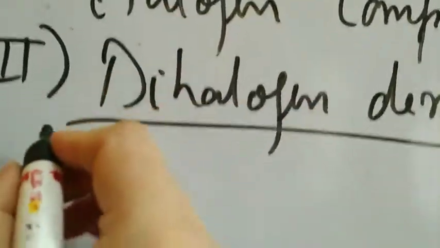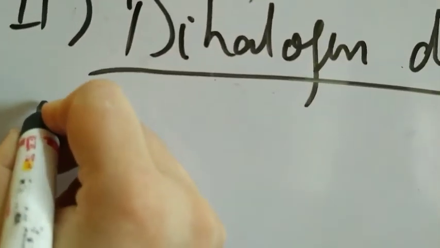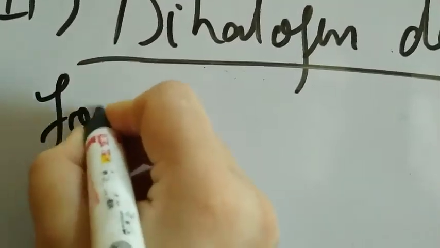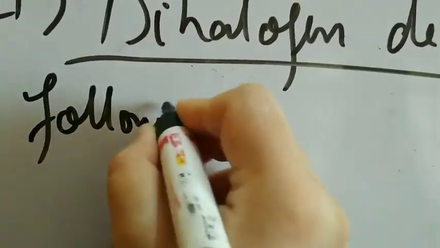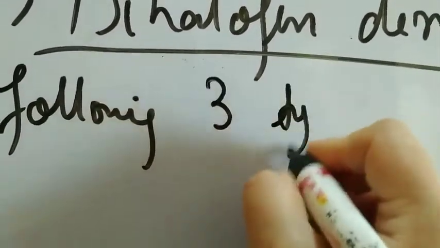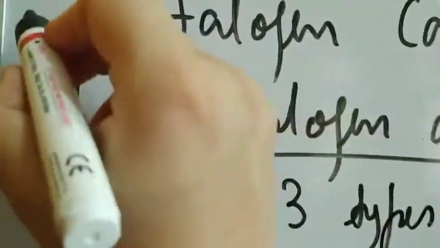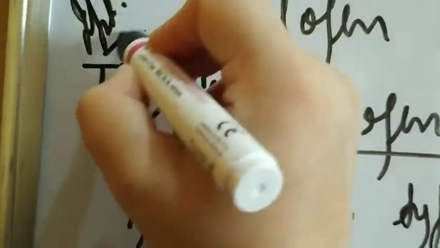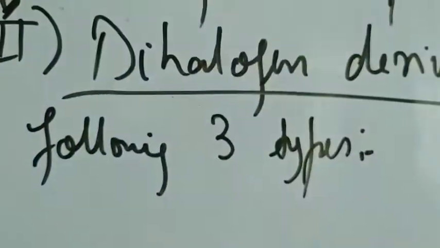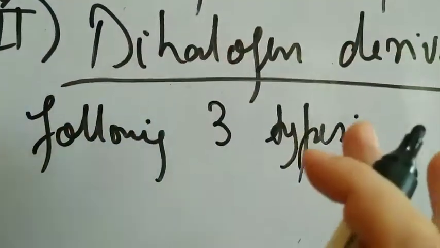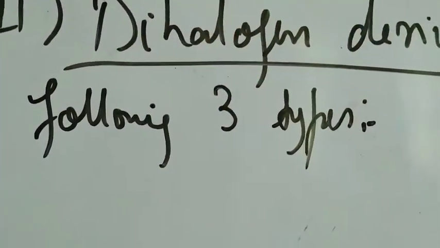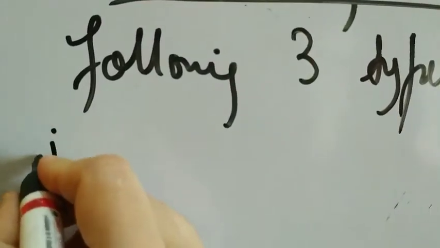Now these dihalogen derivatives are of the following three types. This is very important because if a question is ever asked in nomenclature, it will be asked from this, because there are a few things to remember.